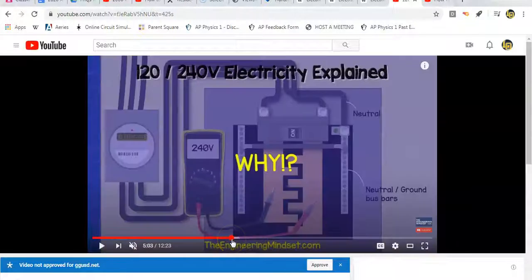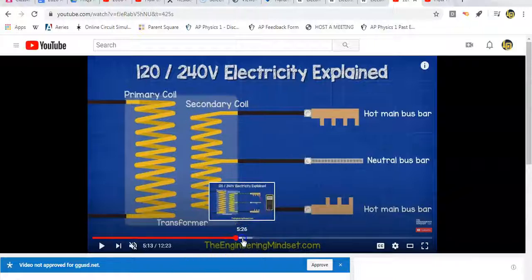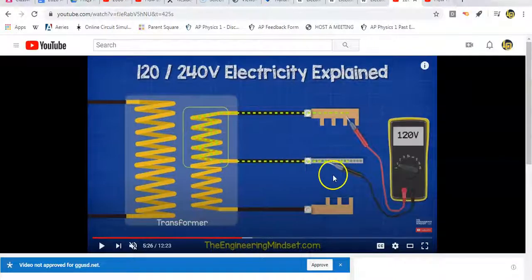Because when you are using only 120 volts, you're only connecting across the neutral bus bar, they're calling it, and this hot wire, if you're on the right side of the control panel, or the neutral and the other hot wire, and you're only using half of these turns, okay? So if you were to get out a multimeter and measure from one side to here, that's 120 volts.